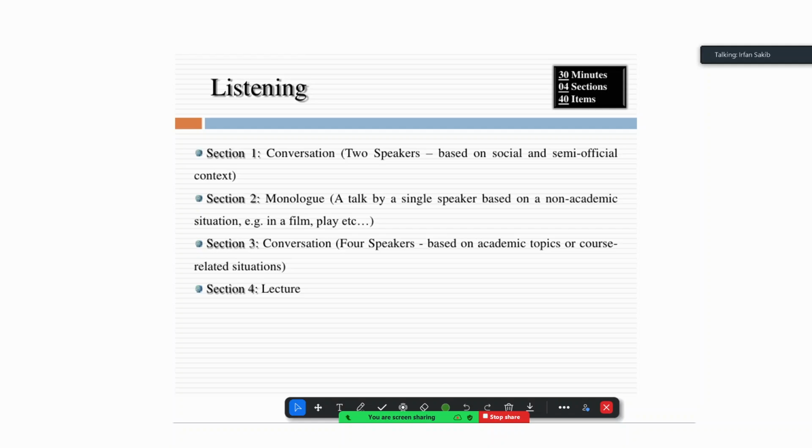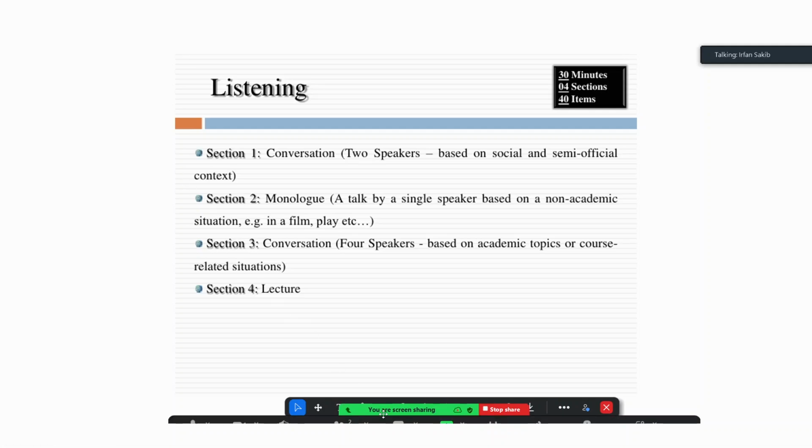They will discuss something based on an academic or course related situation, for example, course mates discussing in university. And finally, section 4 will be an academic lecture.